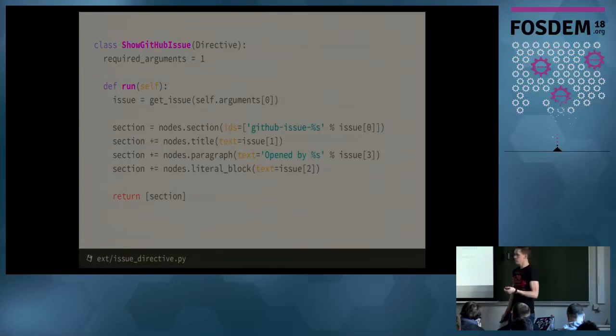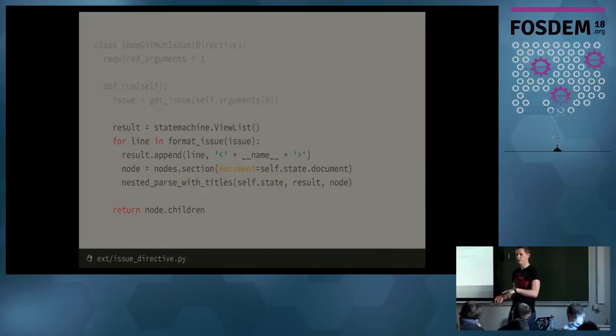So a handy little trick for this: building docutils nodes manually tends to get complicated, and it also means that you can't use other Sphinx features, like the code block directive, within your documentation. So there's a thing that Sphinx provides, which is nested_parse_with_titles.